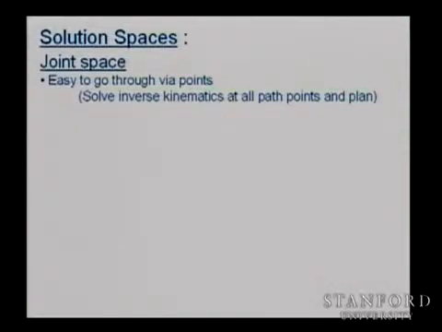So let's say we have the coordinates of each of the points that we want to pass through. We solve the inverse kinematics for all these target points. We get the corresponding joint coordinates, and then we plan the trajectory in joint space. Okay? So that's pretty simple, and it's much less calculation.